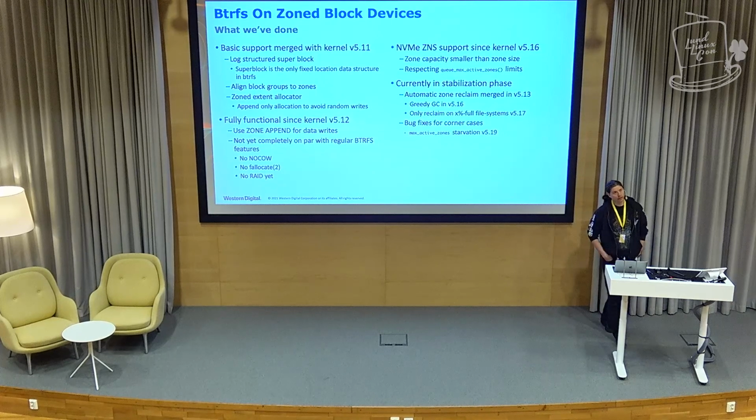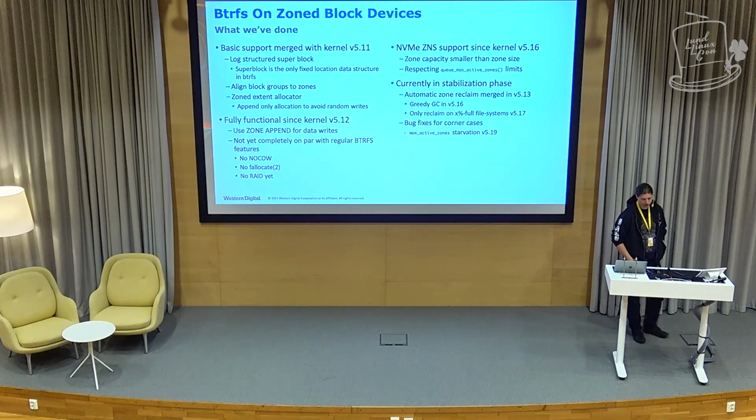In kernel 5.11, we landed the first support for zoned devices on BTRFS, which mainly revolved around the superblock. The superblocks are the only data structure in BTRFS that is at a fixed location, which didn't work. So we had to reserve 2 zones per superblock and make a ring buffer.